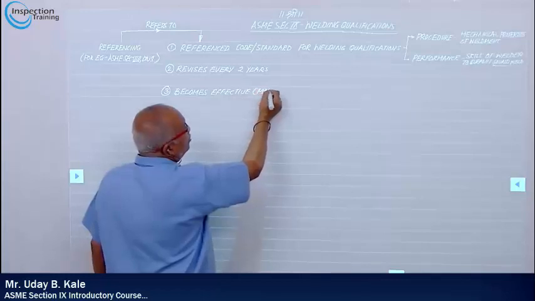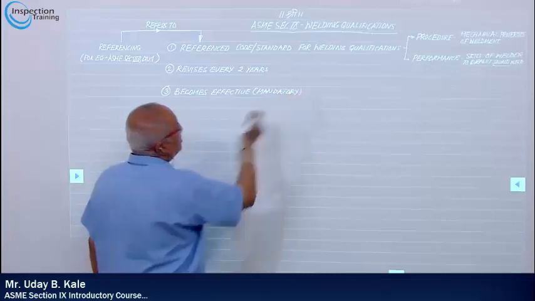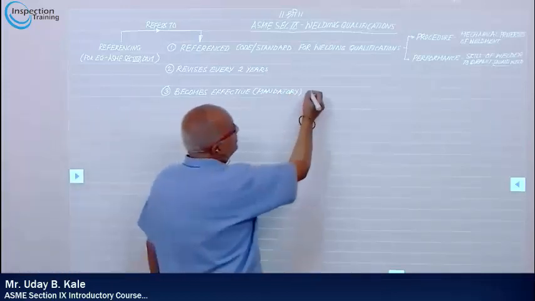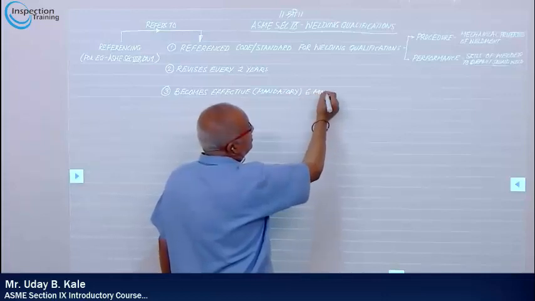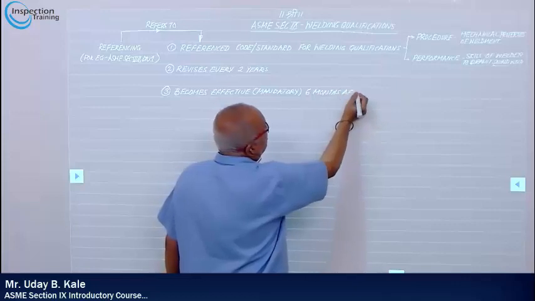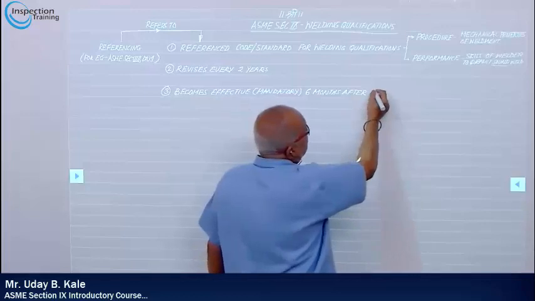So the edition becomes mandatory 6 months after the date of publication.